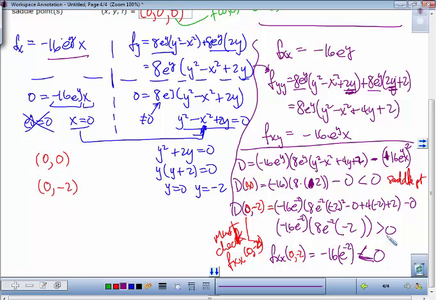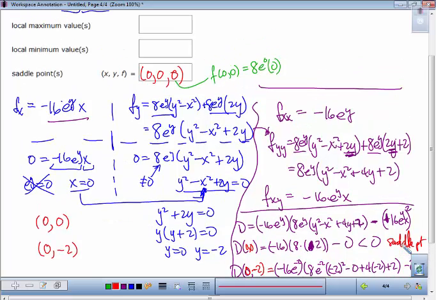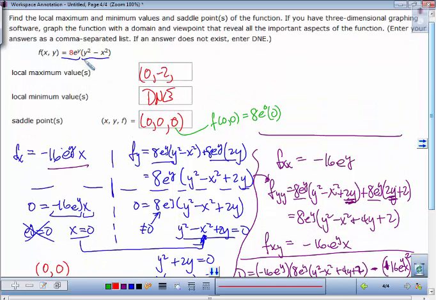So we have a positive for d and a negative for fxx. What does that say? Local max. All right, our local maximum. There's no local min. We have a local max at 0, comma, negative 2, comma, whatever that z is.